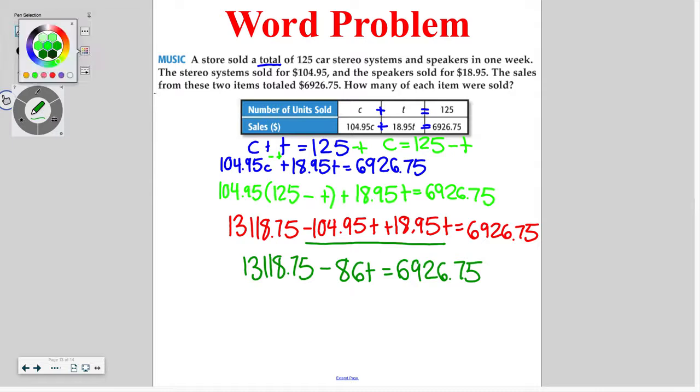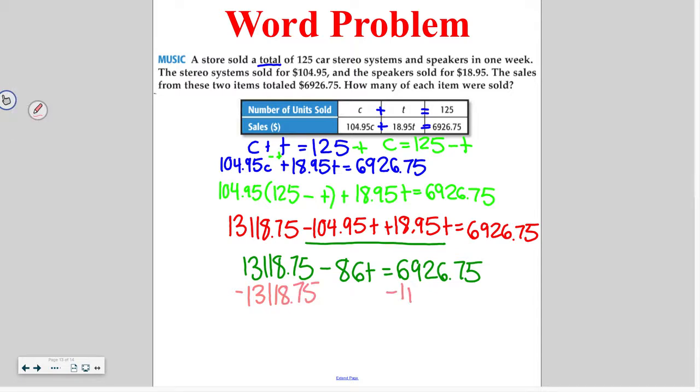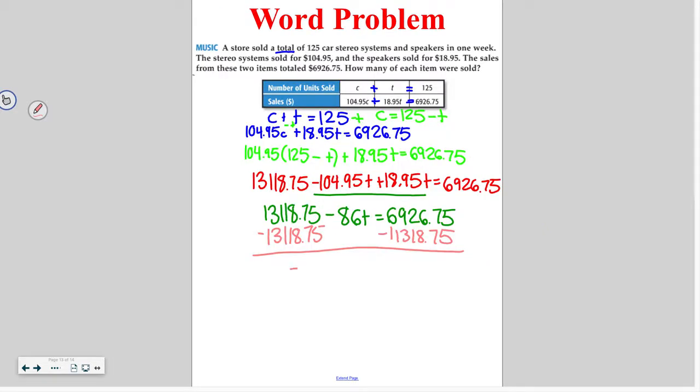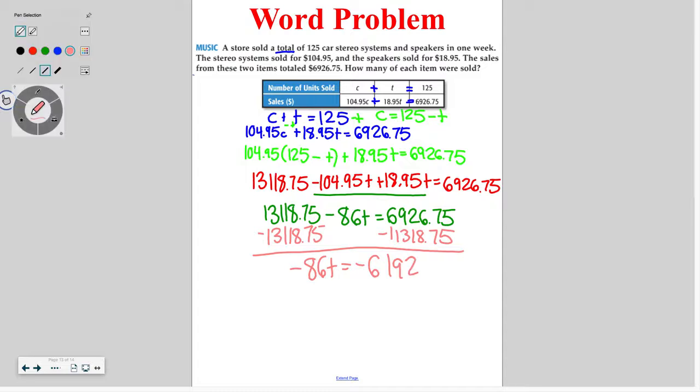Then I'm going to go ahead and subtract the 13,118.75 from both sides, which is going to give me negative 86t is equal to negative 6,192. I'm going to go ahead and divide both of those by negative 86.